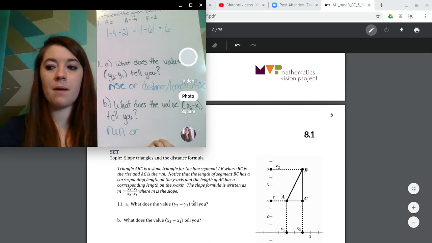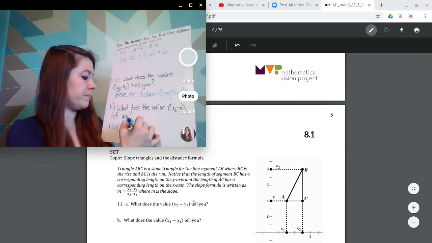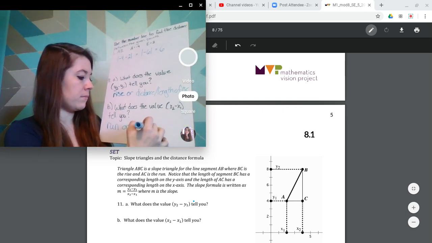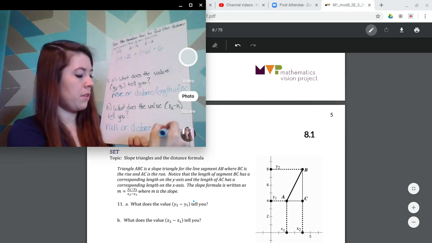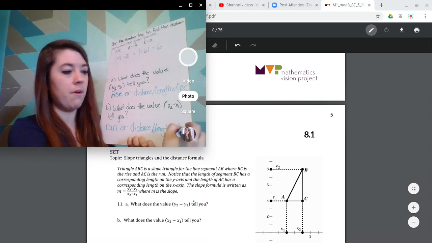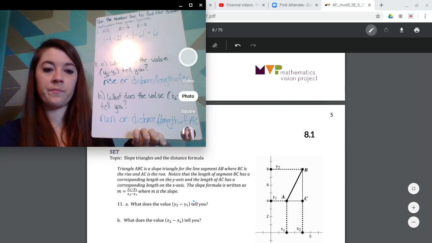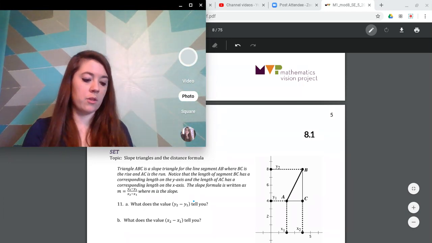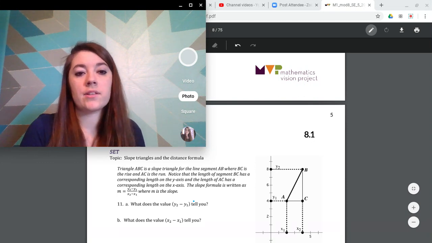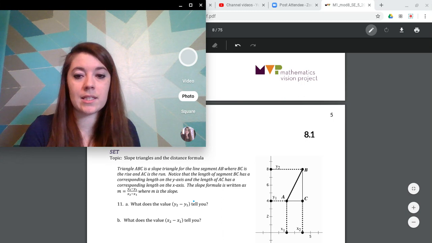So just like the last time, it's the distance or the length of our AC. So we're getting each of those values by using the y2 minus y1 and the x2 minus x1. This is going to come in handy when we're looking at distance for these.